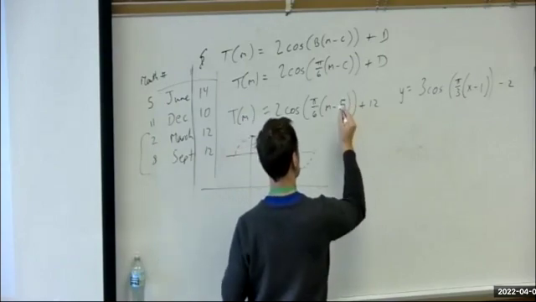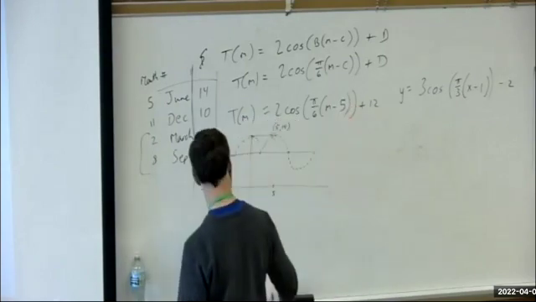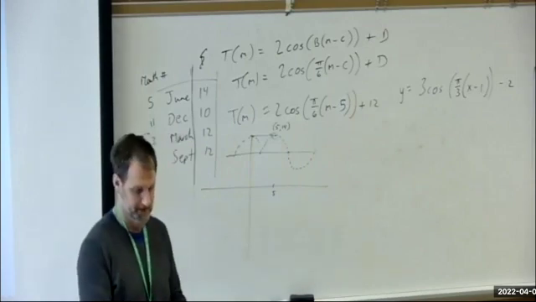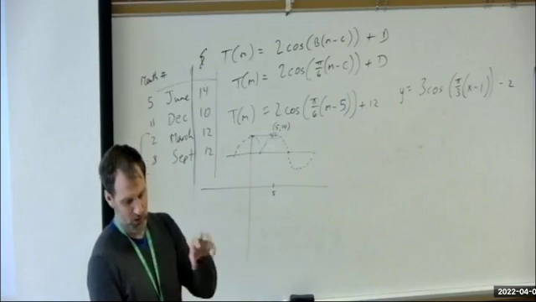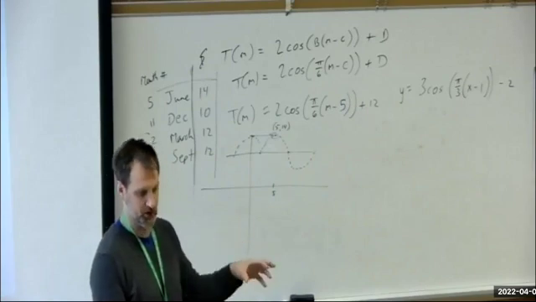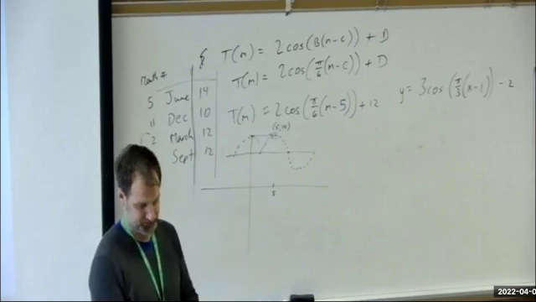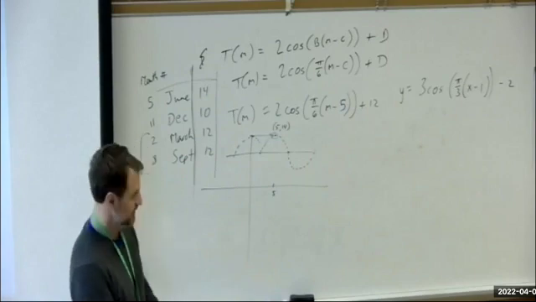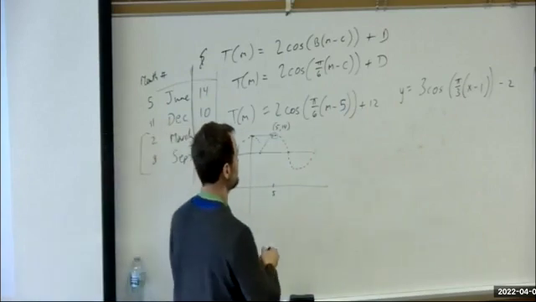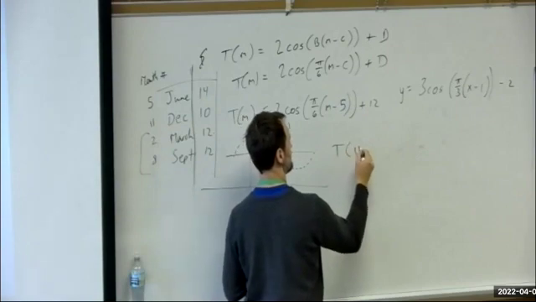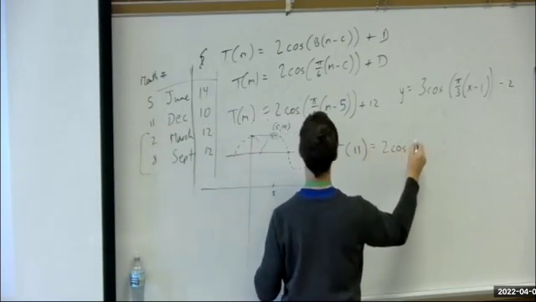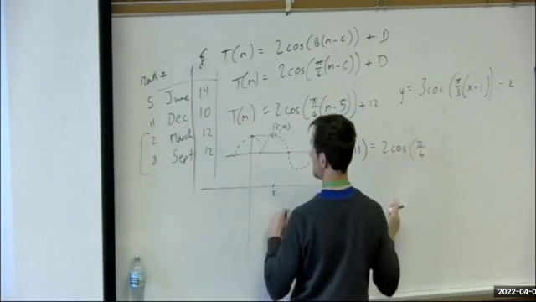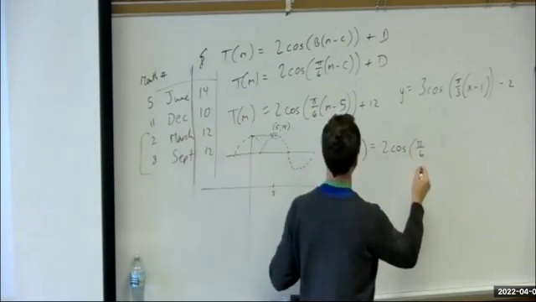Let's take a look and see if it works. Now, I can see if it works either numerically or graphically. Let's start with numerically. When I put in the number 11, T of 11 should give me December's temperature, which is 10.